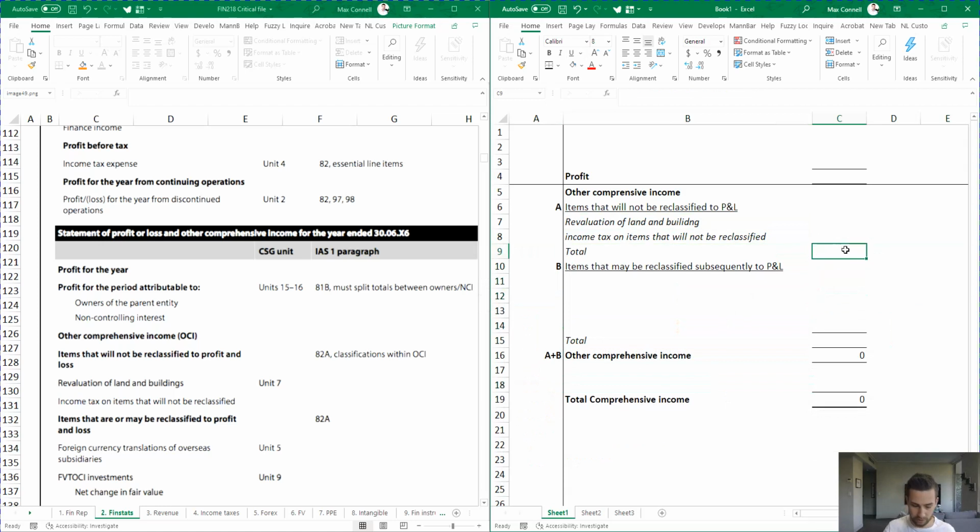Okay, cool. And then what we're going to do is sum up both of those, and we get the values for them. And then underneath, you've got the subcategory of items that may be reclassified subsequently to P&L.